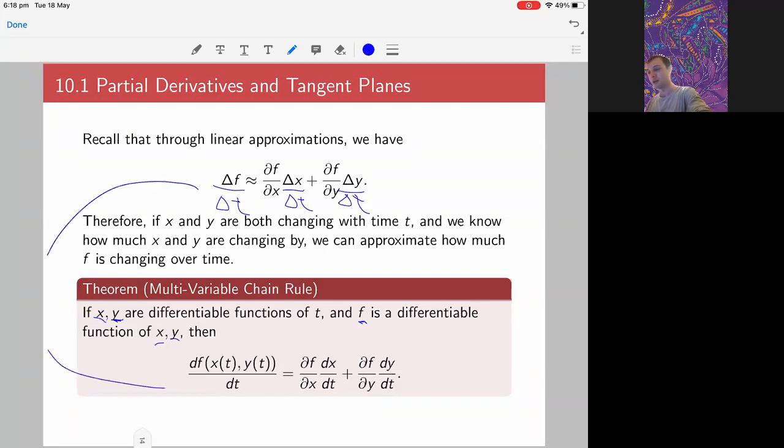What I end up with is that the derivative of f with respect to t, because if x and y are functions of t, then you can think of f as a function of t and nothing else, is the derivative of f with respect to x multiplied by dx/dt, plus the derivative of f with respect to y times dy/dt.